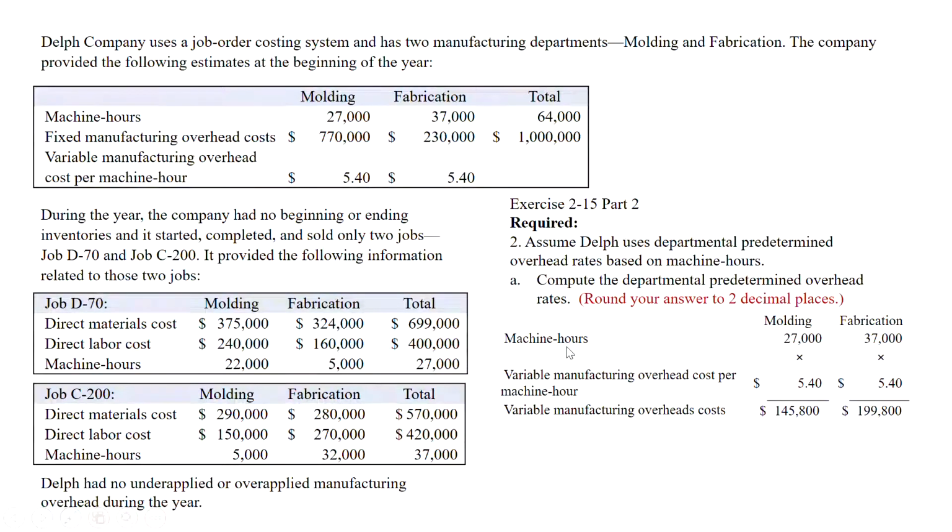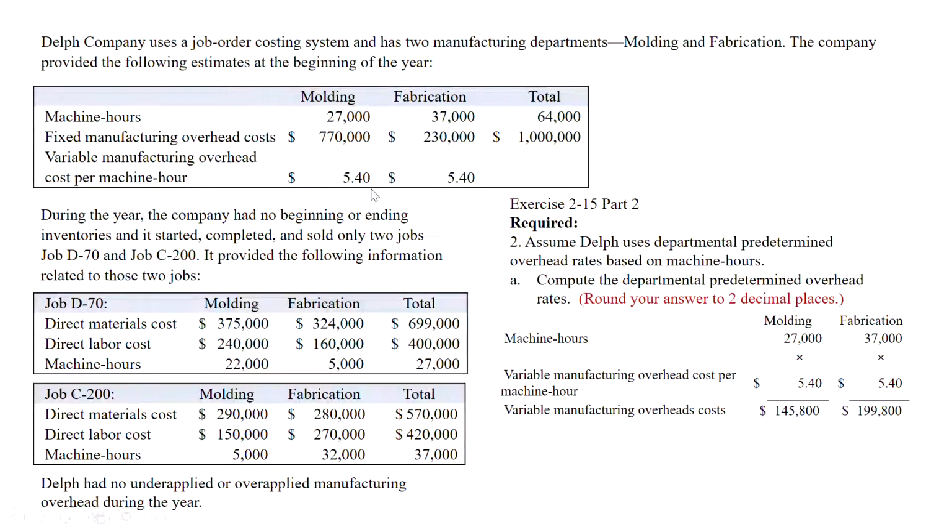I'm just pulling the estimated information that we have listed up here. For example, we have estimated machine hours for molding of 27,000, estimated machine hours for fabrication of 37,000. Individually multiplying those times the estimated variable manufacturing overhead rate per machine hour. Coincidentally, if you listen to the first video, here it happens to be 5.4 for each.